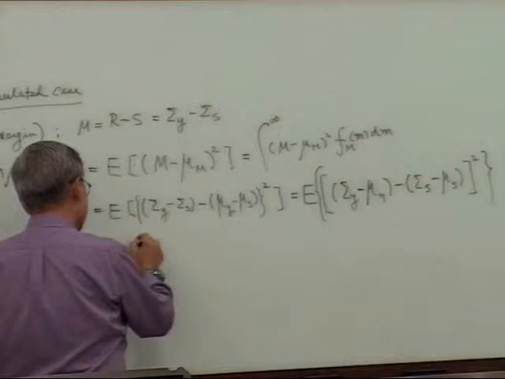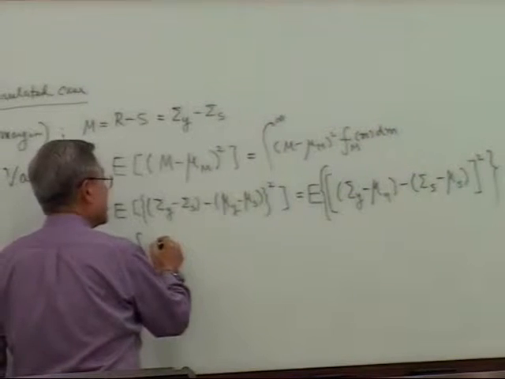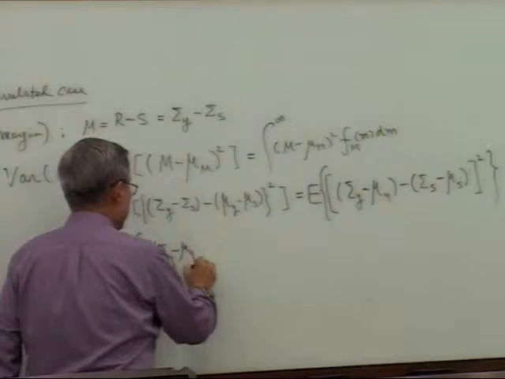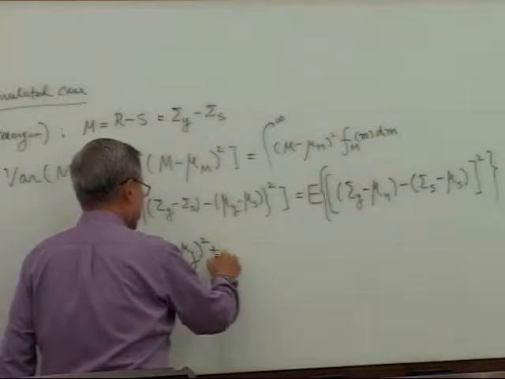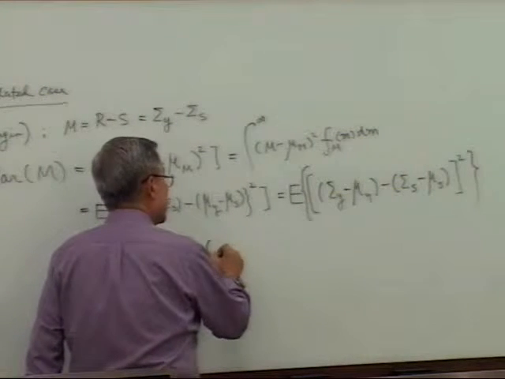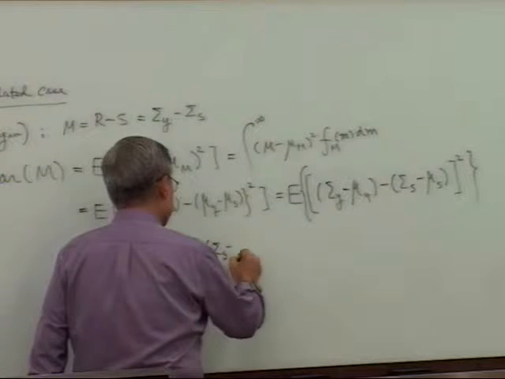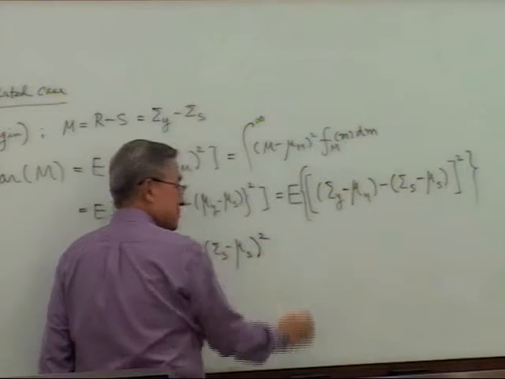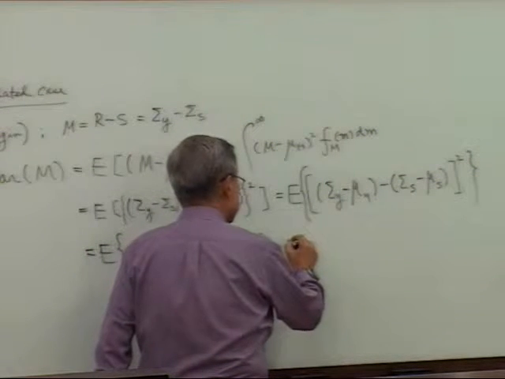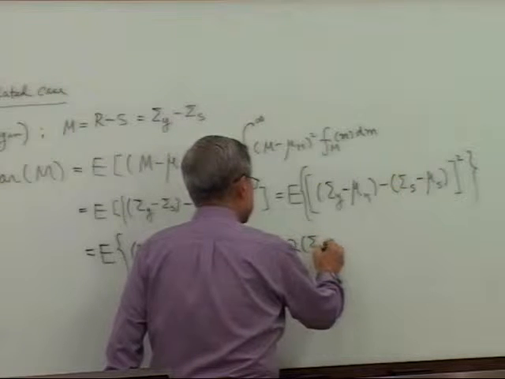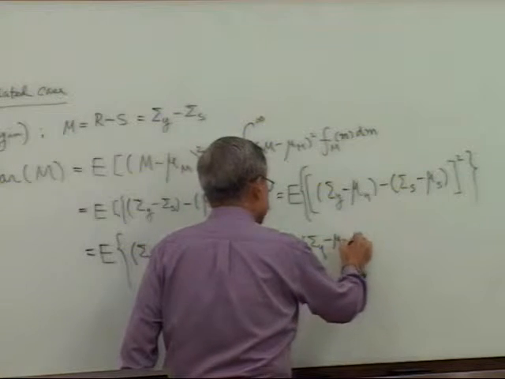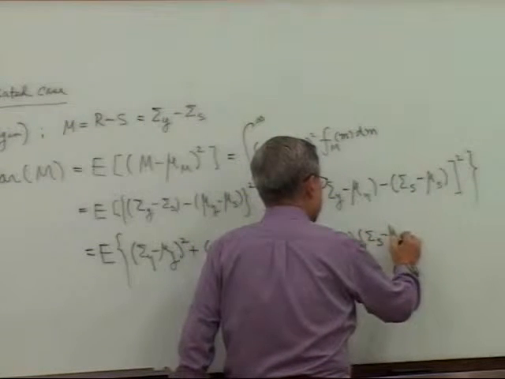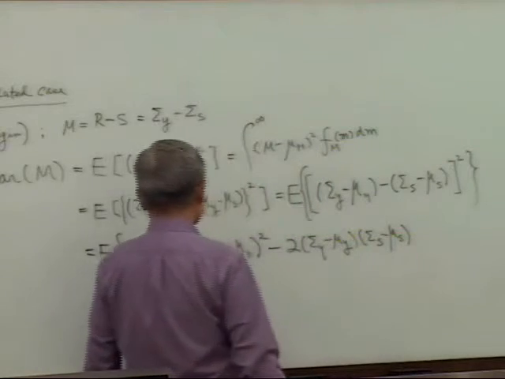So E of (sigma y minus mu y) squared, plus (sigma s minus mu s) squared, minus 2 (sigma y minus mu y)(sigma s minus mu s). If I make a mistake, you let me know.